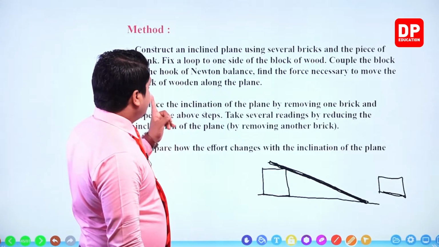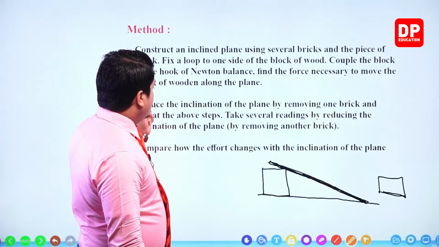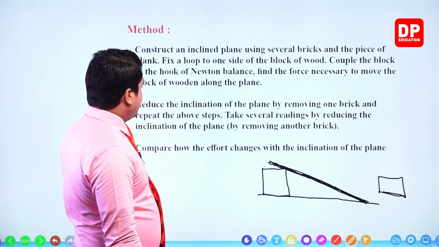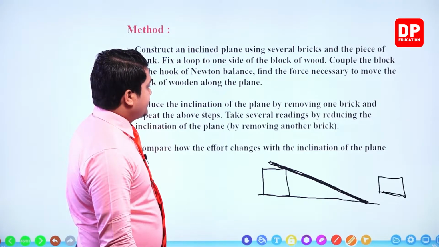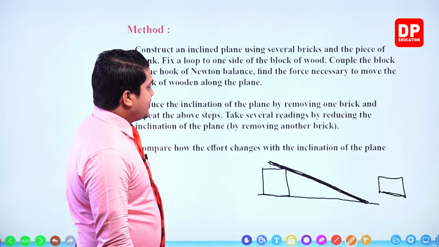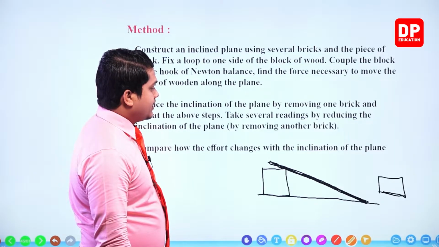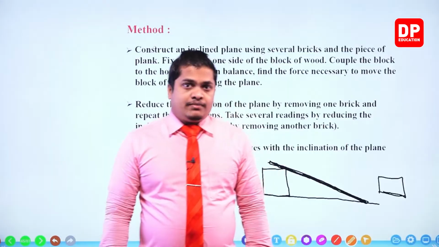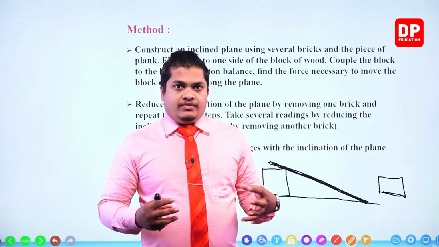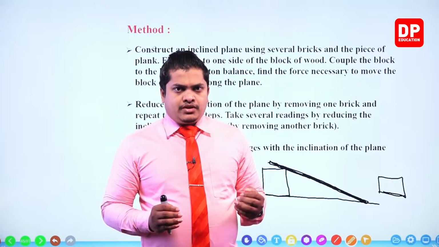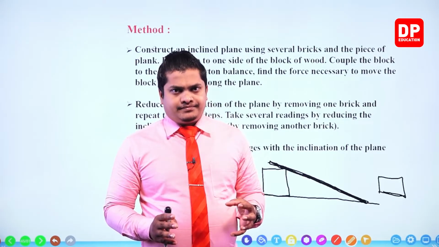So here, let's see. Reduce the inclination of the plane by removing one brick and repeat the above steps. Take several readings by reducing the inclination of the plane by removing another brick. Now, my dear children, when I'm doing this activity in our laboratory, instead of bricks I can use a stand.